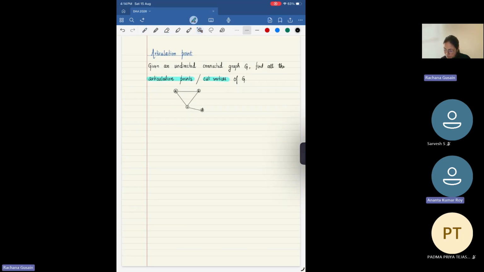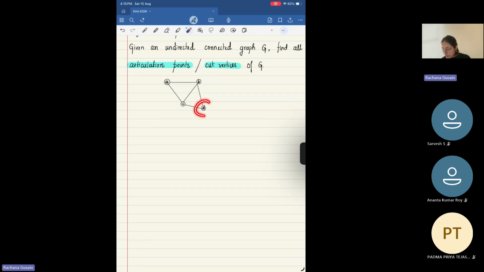Ma'am, B and C both would. If I remove D, removing a vertex means I have to remove the vertex as well as the edges incident on that vertex. So I'll have to delete these two edges as well. If I remove D, my graph is still connected, isn't it?